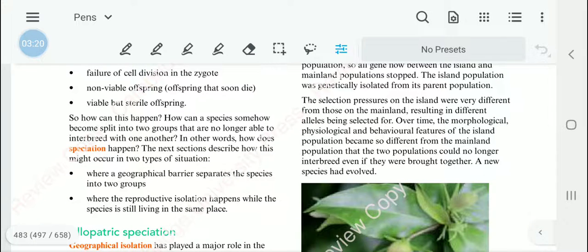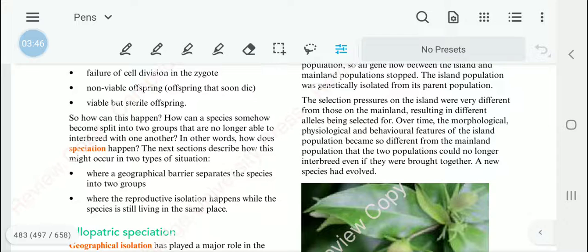There are two main ways how this can happen. First is the separation or isolation that we discussed earlier. It can happen because of geographical barriers separating the species into two groups. Maybe a massive flood causes the species to be separated onto two islands, and this flood might create a permanent barrier.